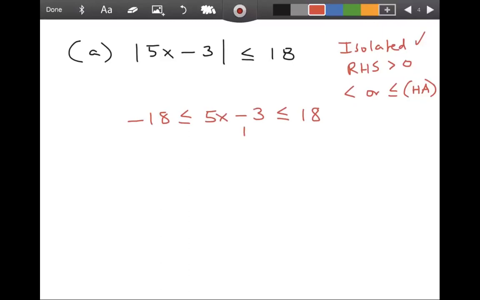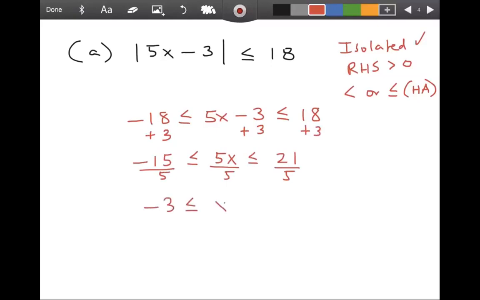So I'm going to add 3 to all 3 parts of this, which gives me negative 15 is less than or equal 5x is less than or equal 21. And then I'll divide all 3 parts by 5. And that gives me negative 3 is less than or equal x is less than or equal 21 fifths, also known as 4 1/5.